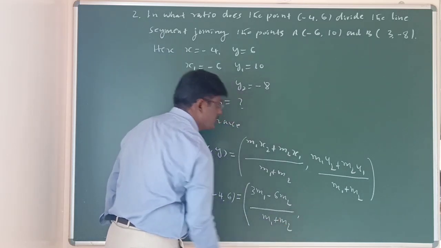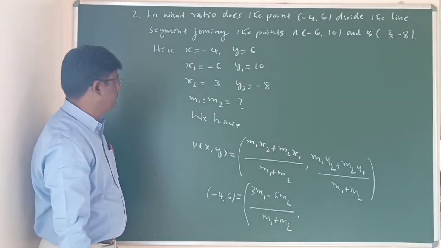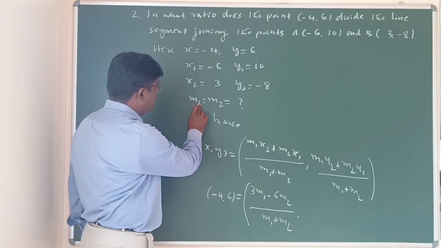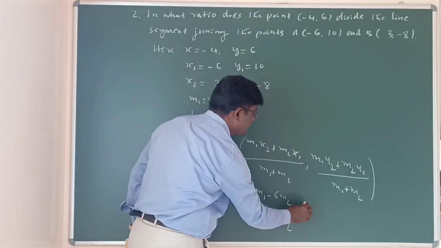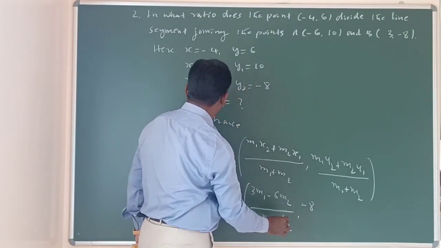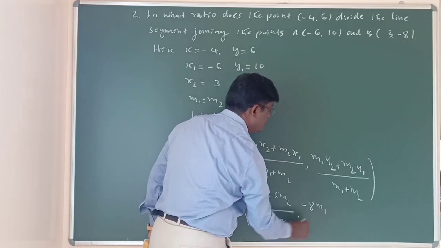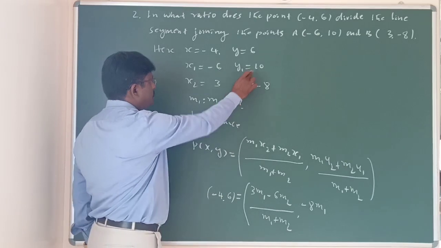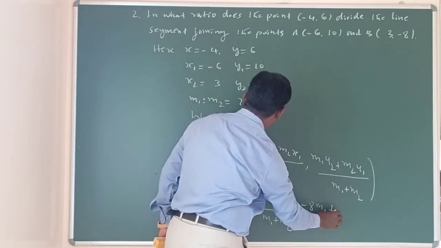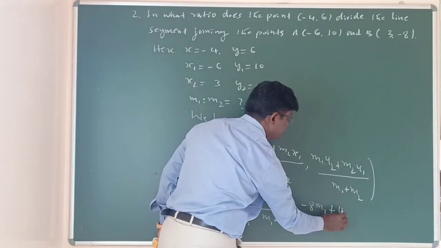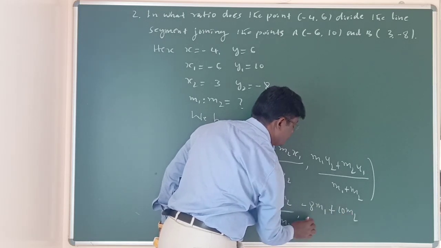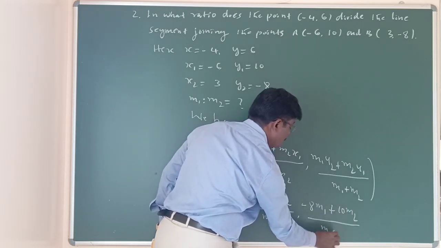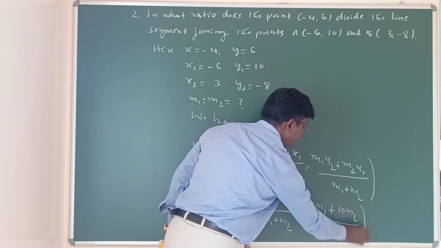Put a comma. m1 y2, that is -8 m1, plus m2 y1, that is 10 m2, divided by m1 plus m2.